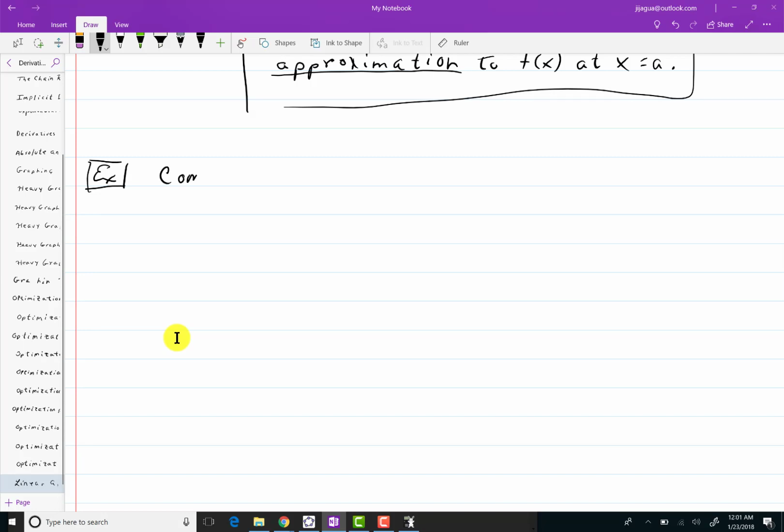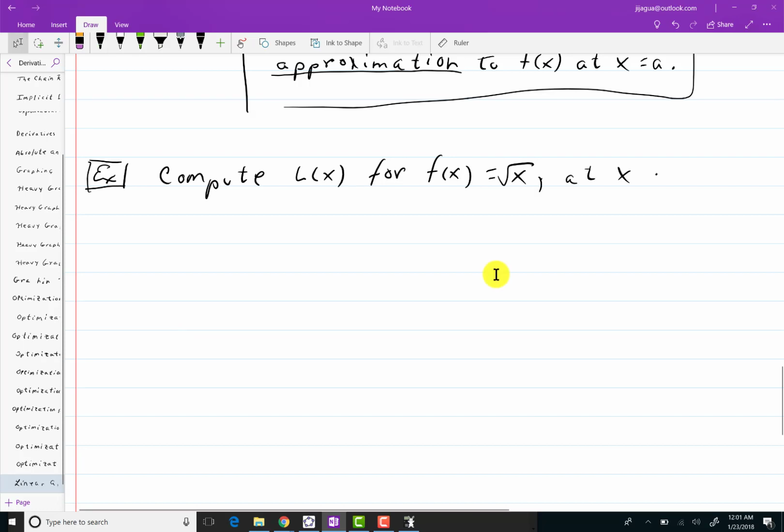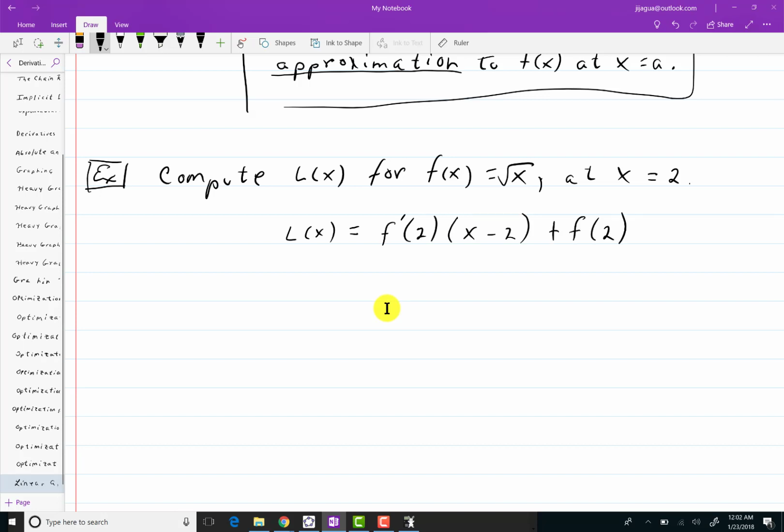Compute L of x for f of x equals the square root of x at x equal to, let's do 2. So I would calculate L of x equals f prime of 2 times x minus 2 plus f of 2. And let's see what happens.